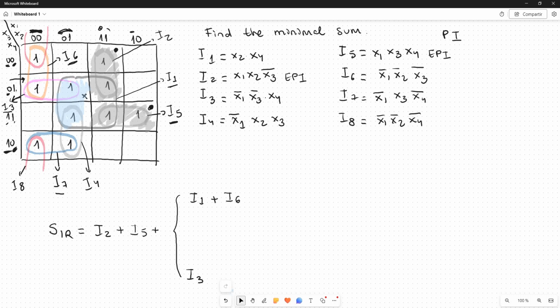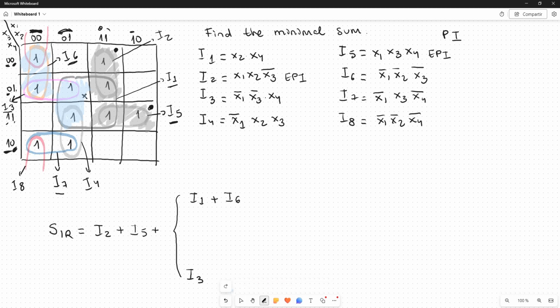If I use implicant 6, we have covered the following. We have already covered these two ones. Now we have to start covering the ones in the bottom part, for example this one.